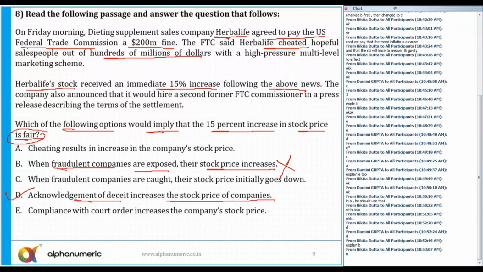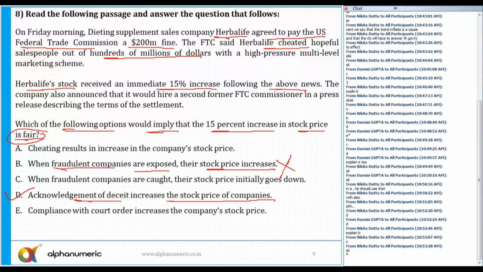But yes, if the same company accepts that yes, I have done something wrong, and is ready to pay the fine, then that can be a fair reason. Then the belief you'll have is that okay, this company is being ethical. It's fair. We need to give them a second opportunity. They may have made a mistake. That is why for question number 8, answer is D.